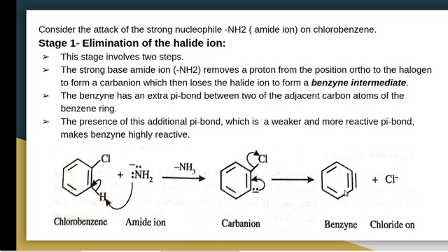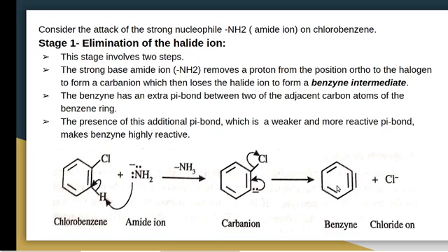Benzyne type intermediate means there will be the formation of an intermediate with a carbon-carbon triple bond. That means benzyne has an extra pi bond between two of the adjacent carbon atoms of the benzene ring. So the first step, elimination of the halide ion, involves the formation of an intermediate known as benzyne, that contains an extra pi bond between adjacent carbon atoms.